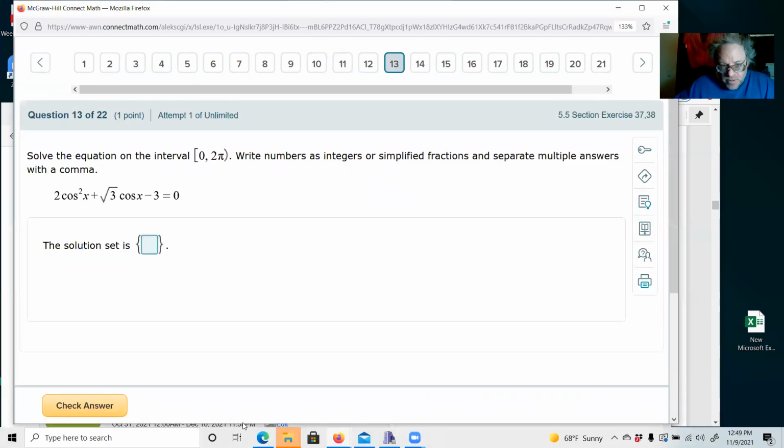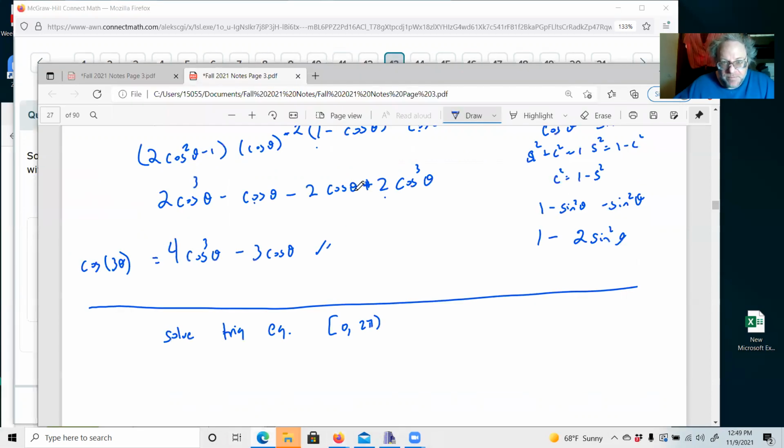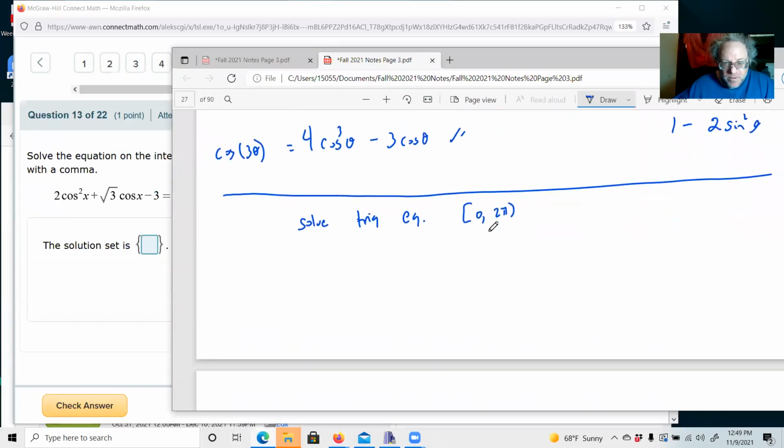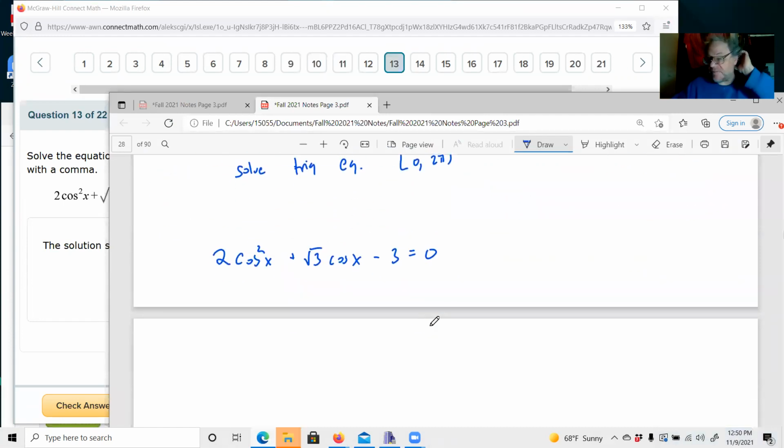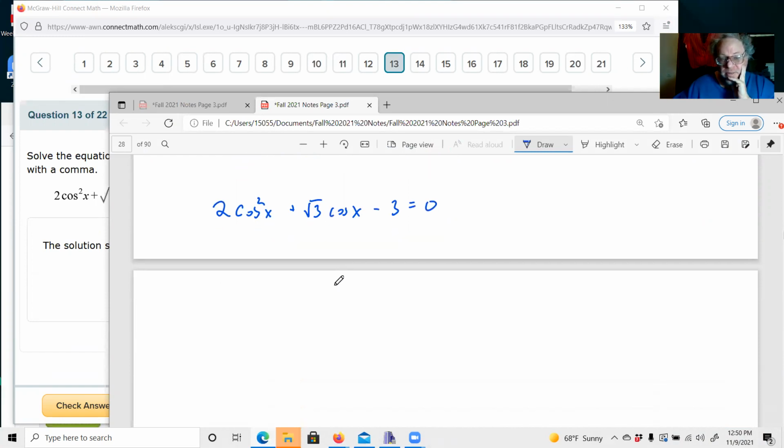However, okay, let's take a look at what's going on here. We've got a 2 cosine squared x plus root 3 cosine x minus 3 is equal to 0. It's going to be something like this, okay? So it's very commonly you're going to have to do an AC method piece in order to do this. However, these coefficients don't look very pleasant to me. Square root of 3 is not a coefficient I want to deal with.